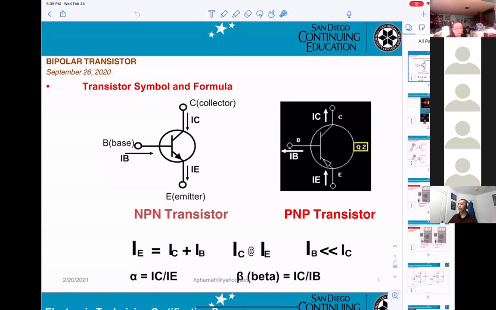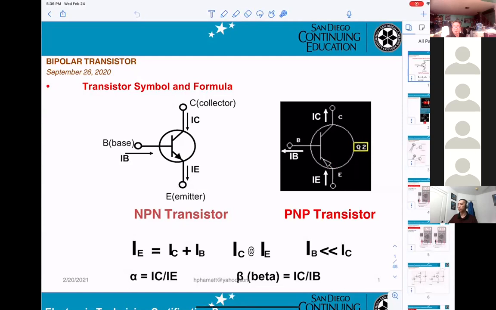The difference will be the arrow right here. If it's going out, that's NPN, and if the arrow is going in, that will be PNP.